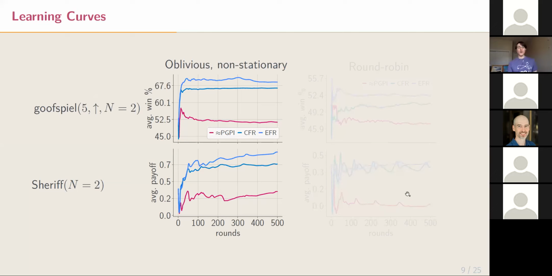So CFR here is counterfactual regret minimization, and like I said before, it's a really popular and successful algorithm for solving 2-player zero-sum games. And then the second algorithm we have here in magenta is PGPI, or policy gradient policy iteration.